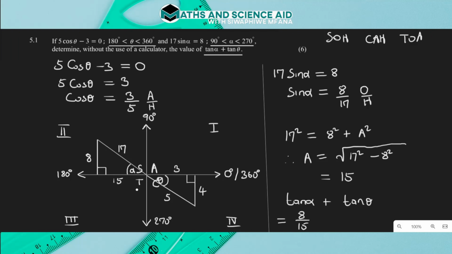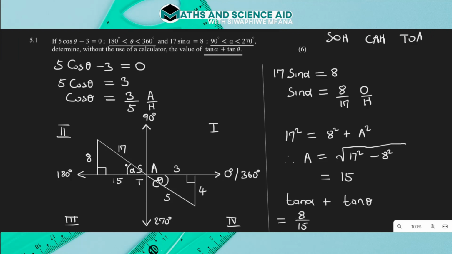However, you must note that tan alpha is in the second quadrant. And in the second quadrant, tan is negative because the only ratio that is positive is sine. Okay? Let me repeat this because it's very important. And this is exactly where most students make a mistake. You mustn't forget to consider the sign of the trig ratio because we have specifically drawn these right-angled triangles in these quadrants for a reason.